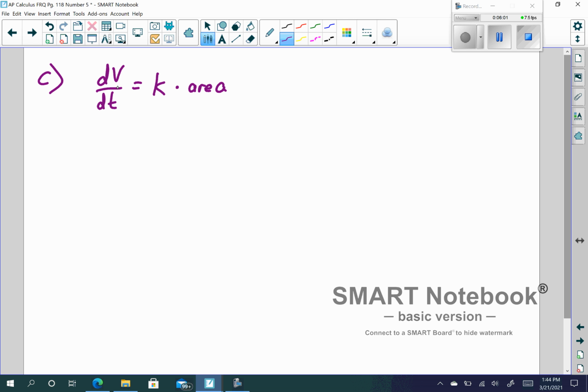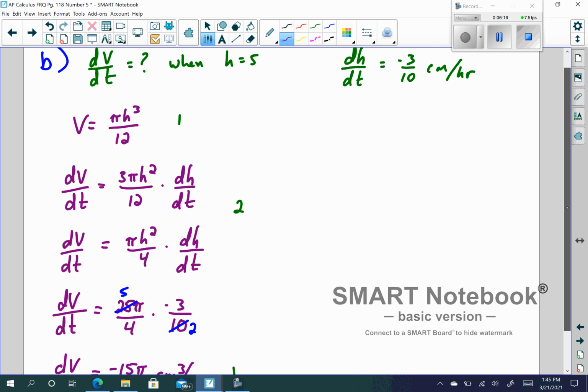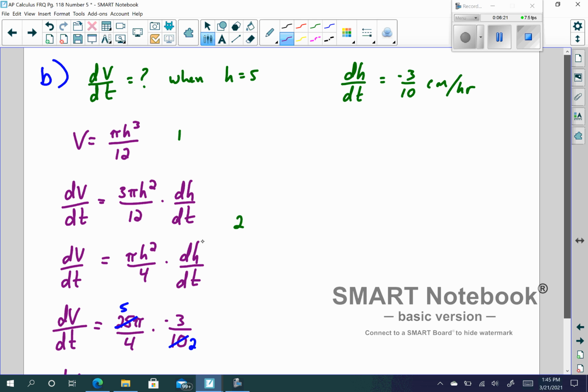So if we go back to dV over dt, that simplified form was pi h squared over 4 times dH over dt. So that's going back to part B before we evaluated. So we're looking at this pi h squared over 4 times -3/10.